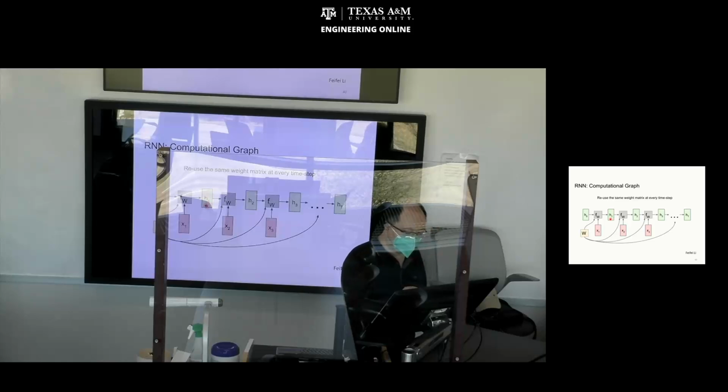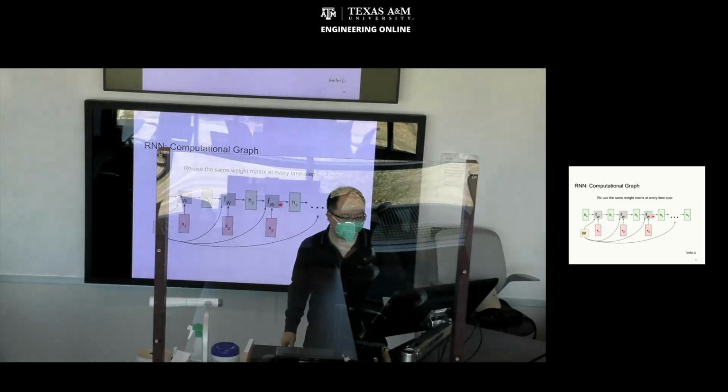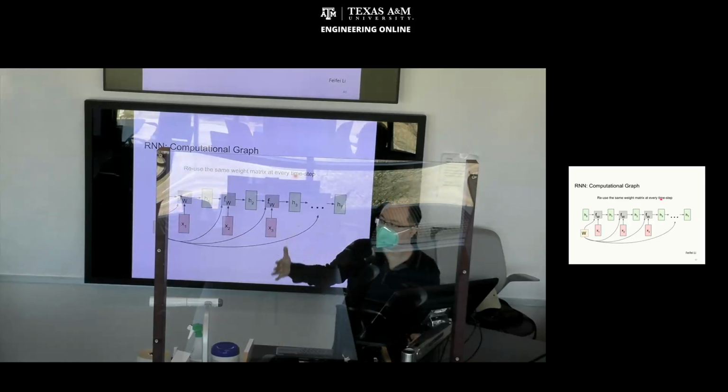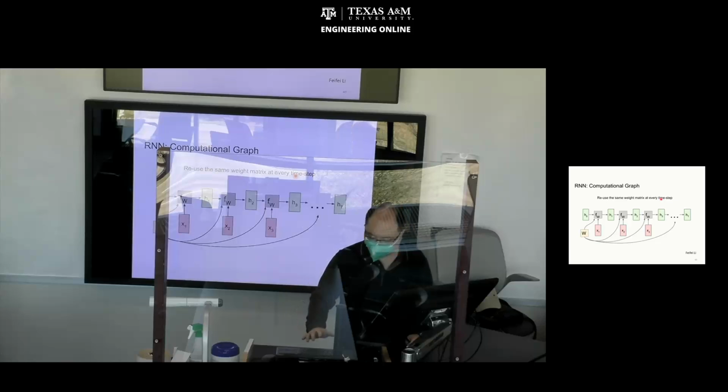And we keep doing this the same way. So these x's are entering the same recurrent formula, F_W, and the W is shared for all of these building blocks. So we reuse the same weight matrix at every time step. This is the forward propagation for a computational graph, okay?